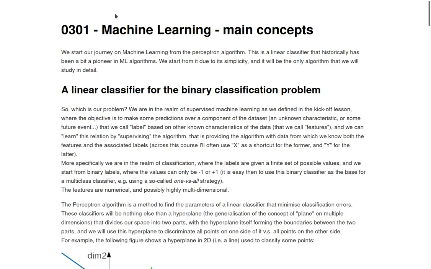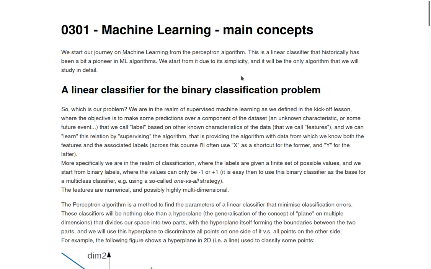And we start our journey from an algorithm whose name is perceptron. This is a linear classifier that historically has been a bit of a pioneer in machine learning algorithms. Why do we start from it? Well, mainly because of its simplicity, so we can really analyze in detail what it does.